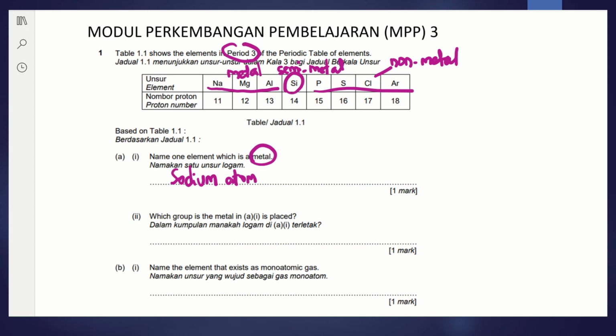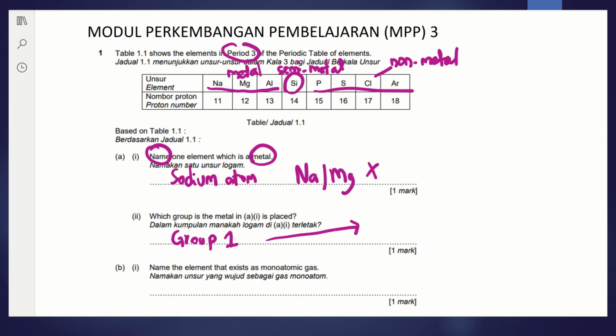If you write the symbol Na or Mg, this is wrong since the question asks you to name the element. So you need to write down the name. Number 2, which group is the metal in A1 placed? Sodium is located in group 1. How do we know? We write down the proton number.